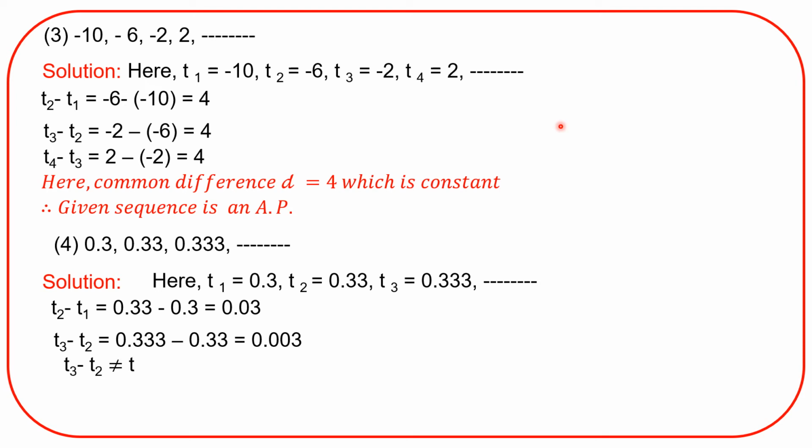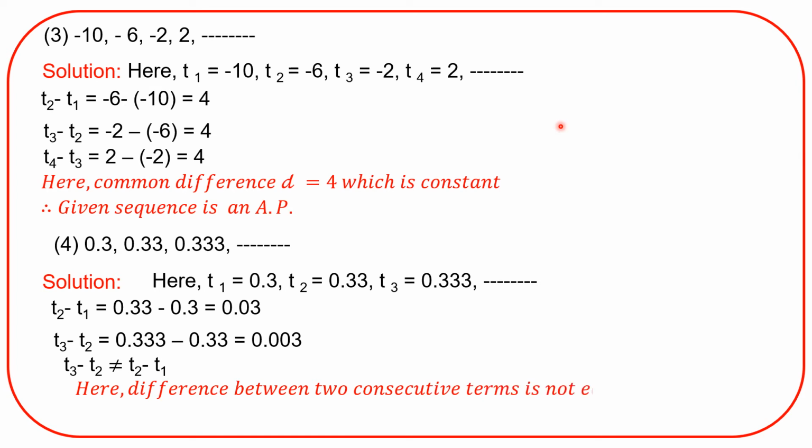T3 minus T2 is not equal to T2 minus T1. Here the difference between two consecutive terms is not equal. Therefore, the given sequence is not an AP.